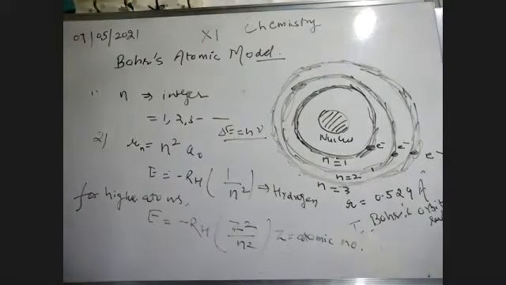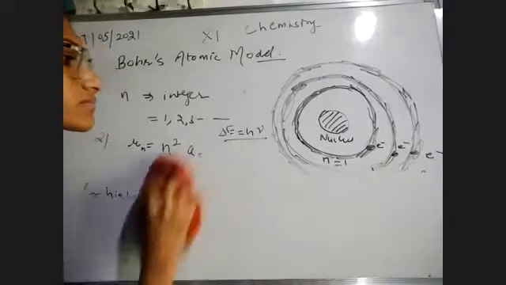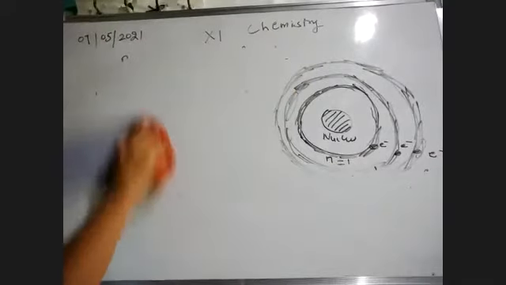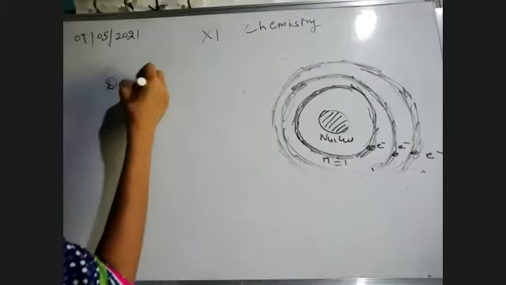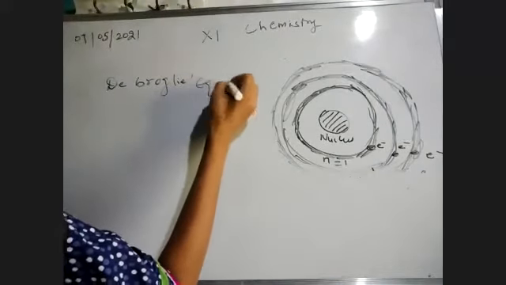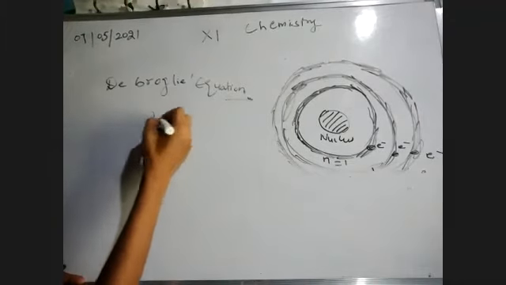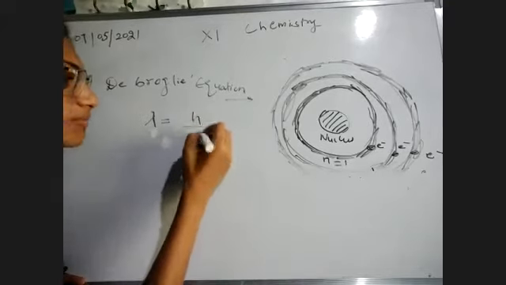Just see a simple equation known as the de Broglie equation. There was a scientist known as de Broglie. He told us that there is a relation between lambda, the wavelength, and the momentum.